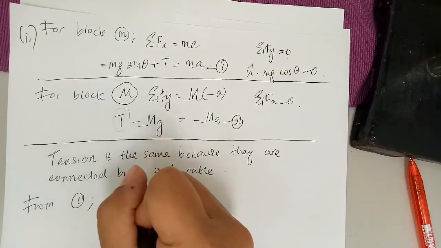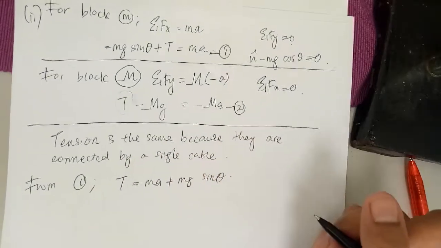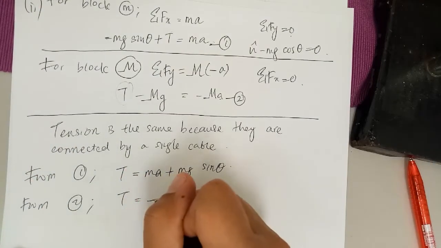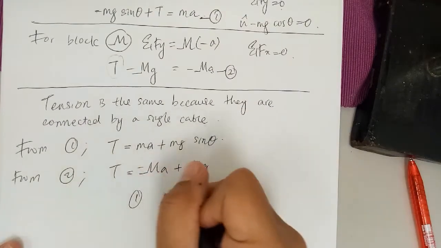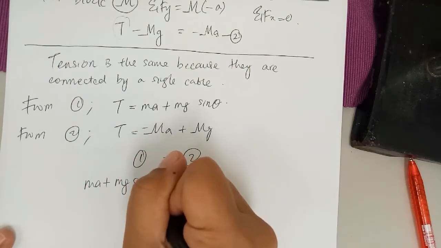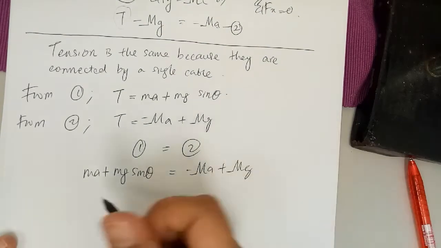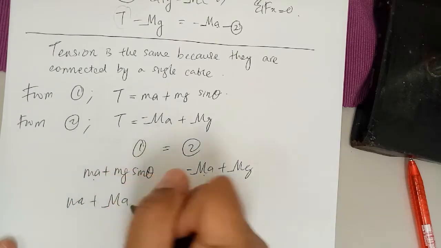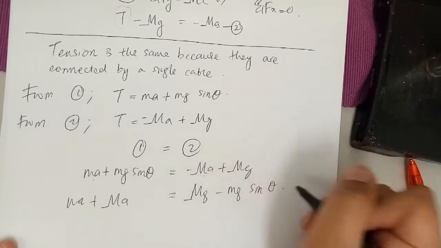From equation 1, I rearrange: T equals ma plus mg sin theta. From equation 2, T equals negative Ma plus Mg. Because they are the same, I can equate 1 and 2. So ma plus mg sin theta equals negative Ma plus Mg. Bring all the terms with acceleration to one side: ma plus Ma equals Mg minus mg sin theta.